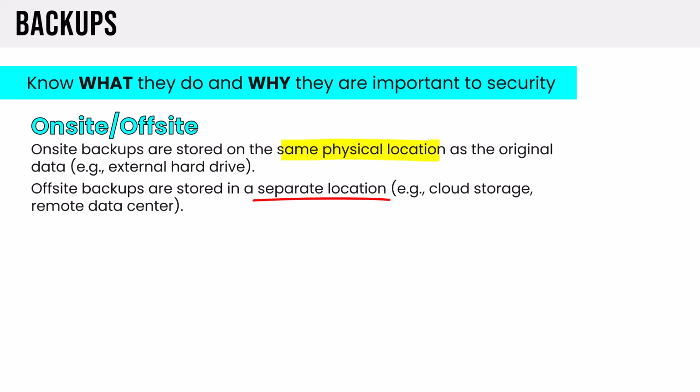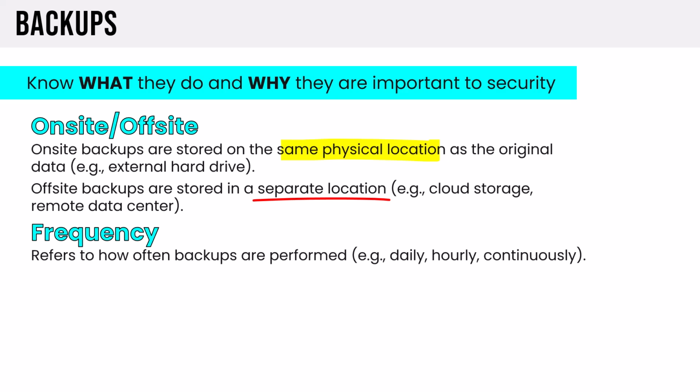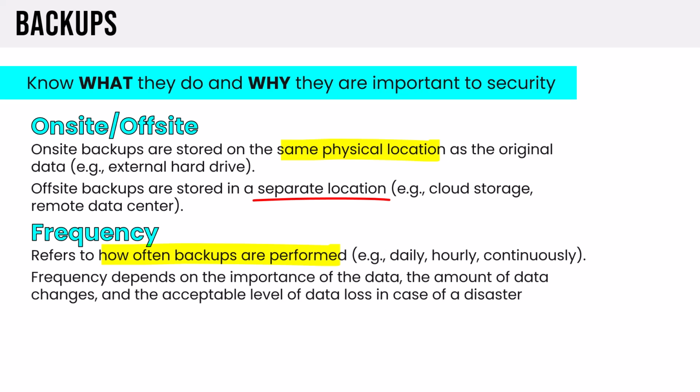And then there's the backup frequency, which refers to how often backups are performed. It might be daily, hourly, continuously. The frequency really depends on the importance of the data, the amount of the data changing, acceptable levels of data loss, and for critical data that allows us to keep the business running, the backup schedule is going to be more aggressive.